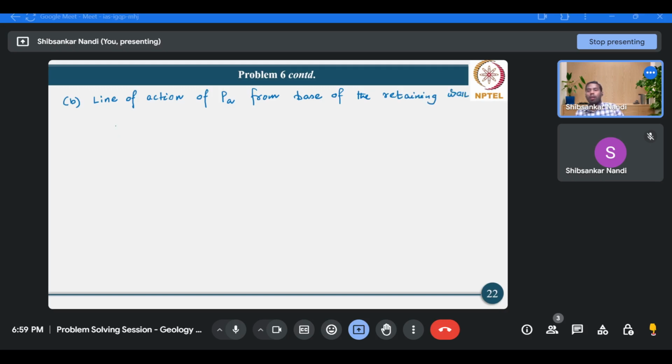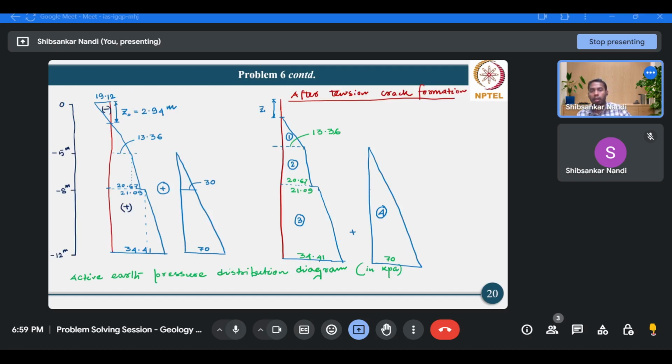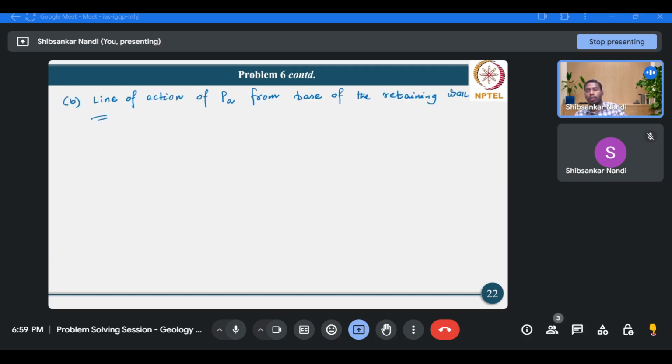Okay. Now to calculate the line of action of PA from the base of the retaining wall, we'll basically take the moment of all these individual components about the base as well as the moment of the resultant.